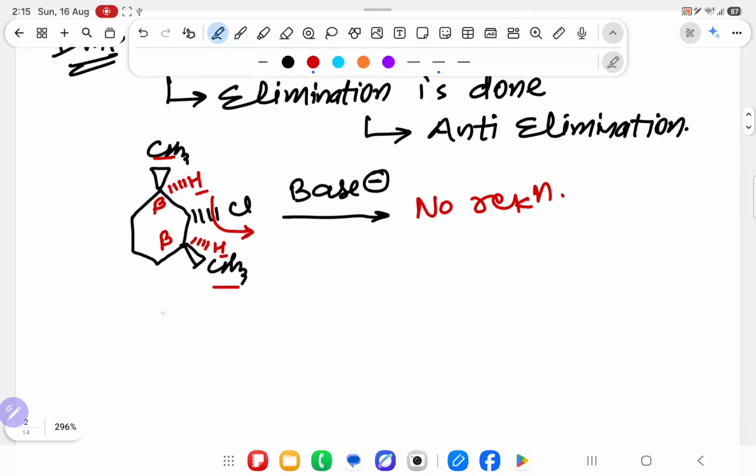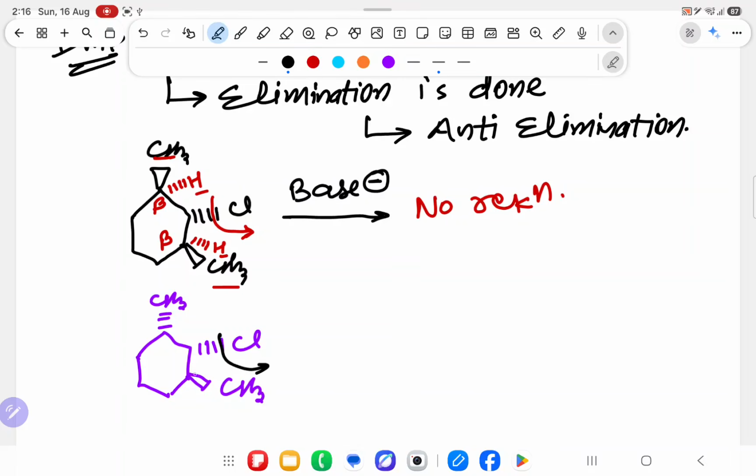Sir, suppose some other example. Suppose I take this example. Over here Cl is here, and over here CH3 like this, and over here CH3 like this. I will take lots of examples, don't worry. Now you will remove this Cl. According to this, this is beta, this is beta. Here hydrogen is on the dash, so this hydrogen will not be removed because Cl has been removed from the dash.